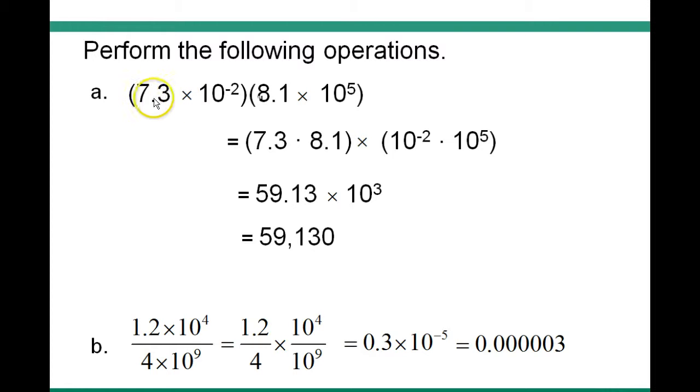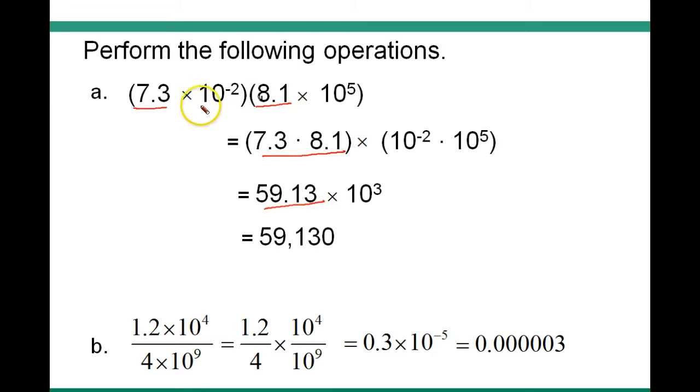So here we have in parentheses this scientific notation times in parentheses this scientific notation. So what we do here is we multiply this times this, which is what they're showing, and we get this.